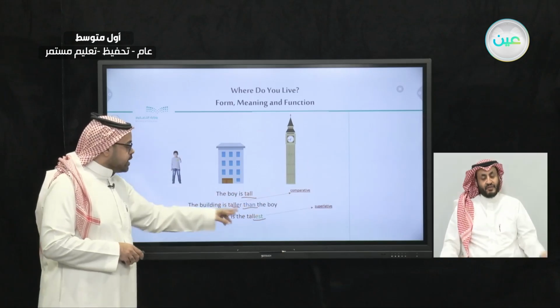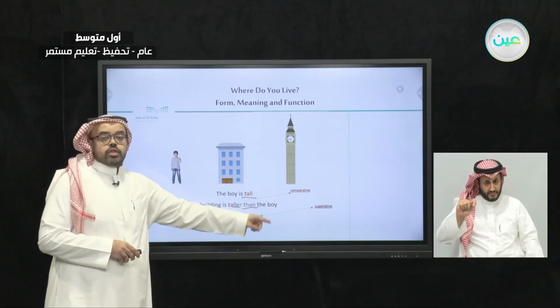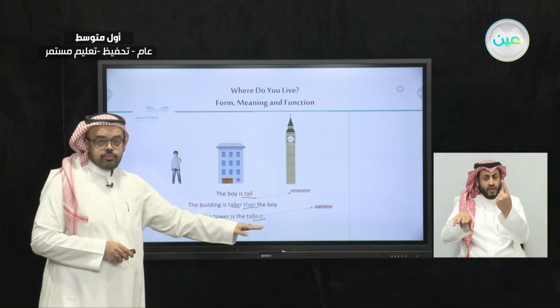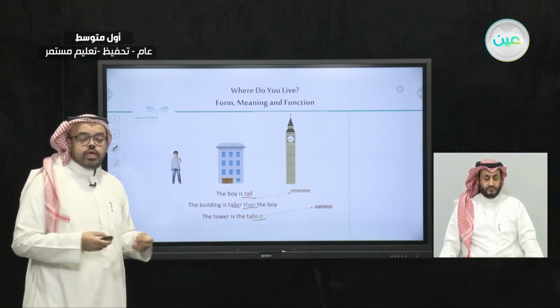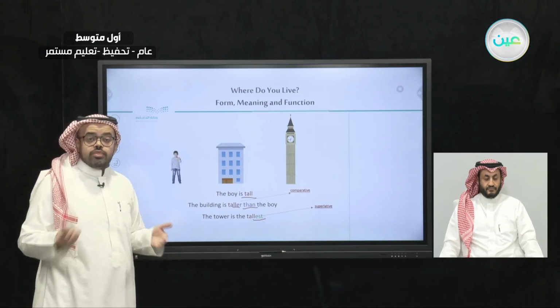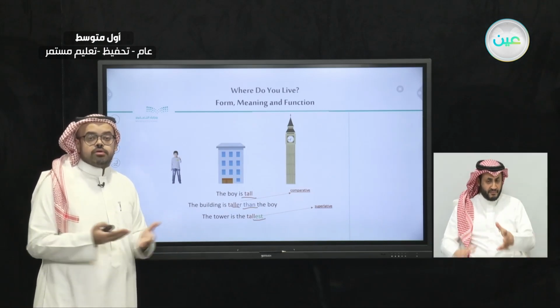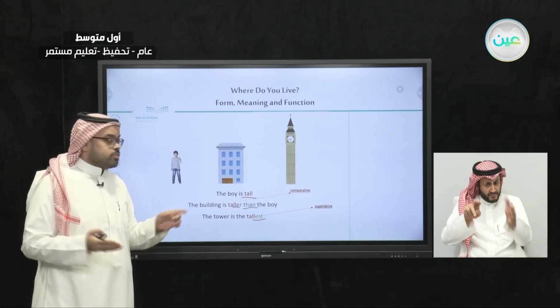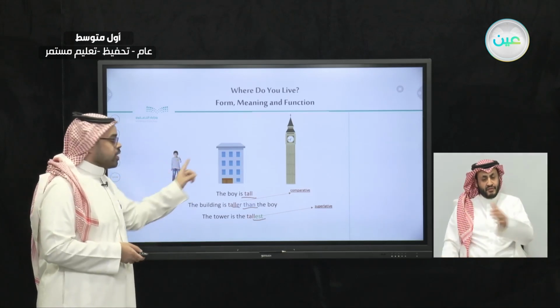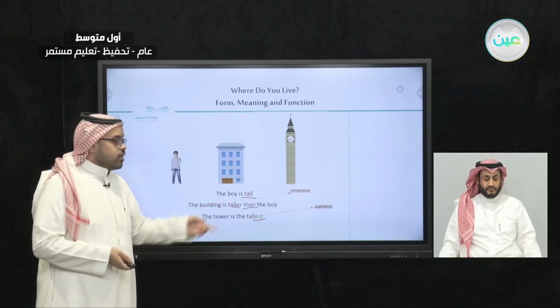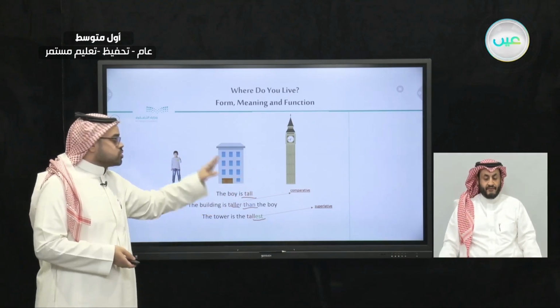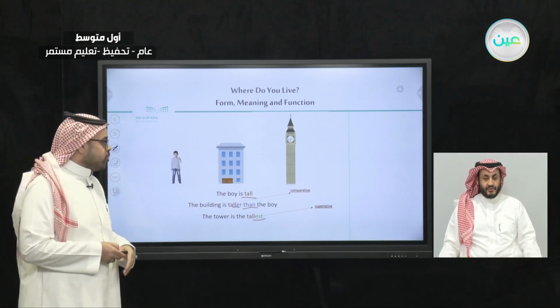And this form, EST, we call the superlative form. So this is our rule for today, that we add on the adjectives to make comparison, whether we want to compare between two things, like the boy and the building, or if we want to compare more, like the tower, when we compare it to the building and the boy.